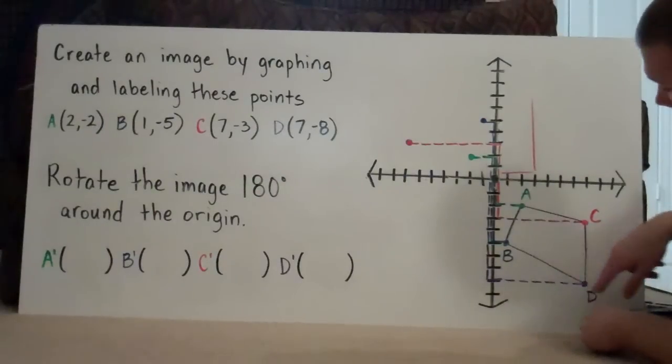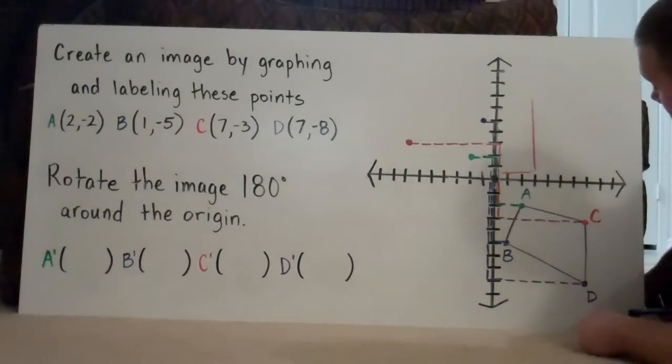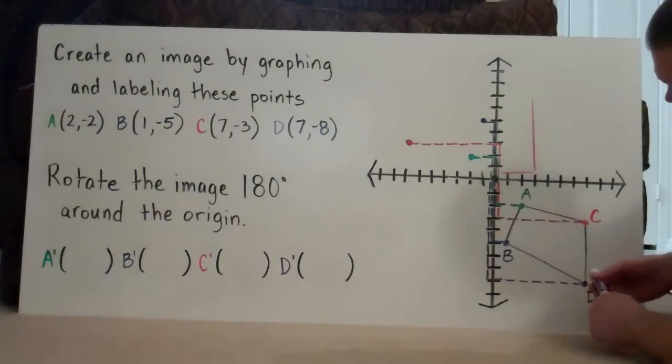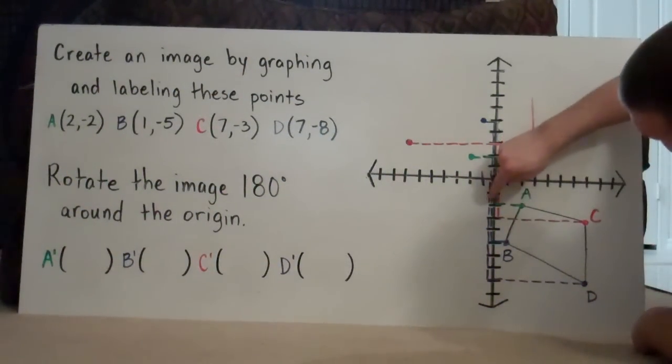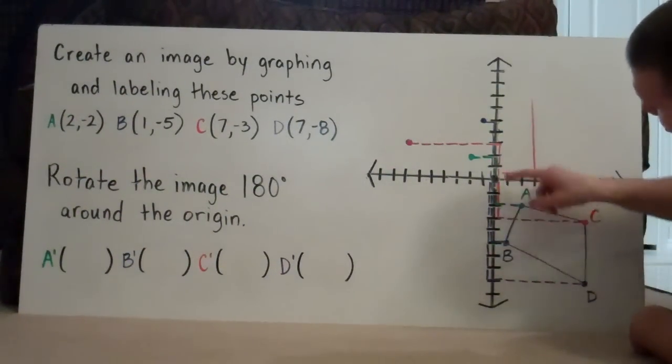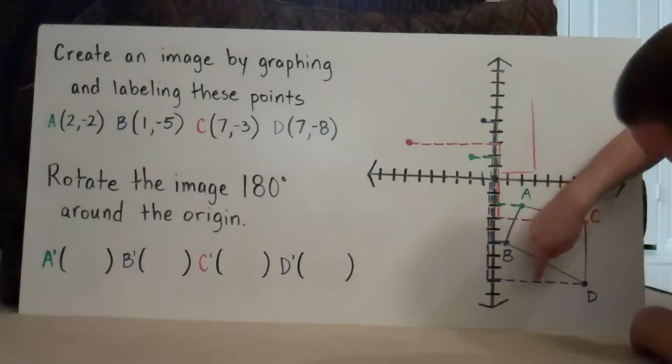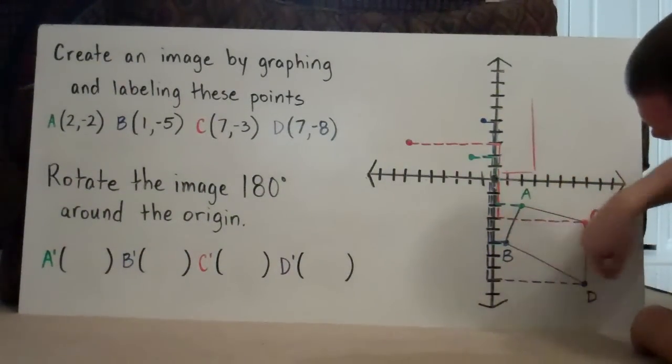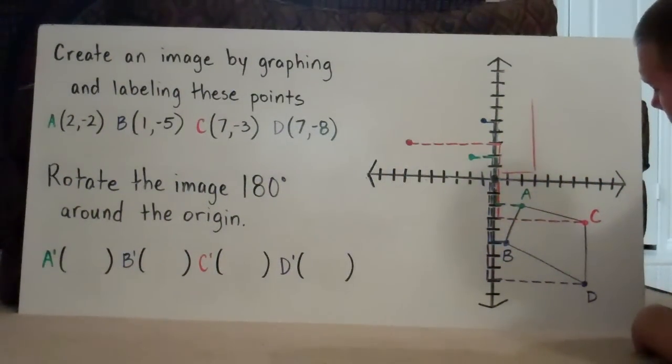And then finally, point D. Alright, it's 1, 2, 3, 4, 5, 6, 7, 8 units along from the origin. And then 1, 2, 3, 4, 5, 6, 7 units that way. Alright, towards D. We're going to run to D.